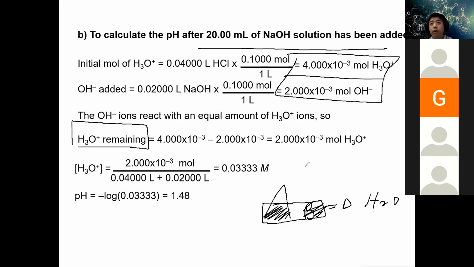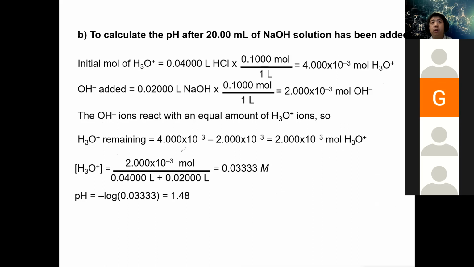What I have left over is some small remaining amount of acid. Does this make sense so far? Okay, with that said, we should have 2.0 times 10 to the negative 3 moles of H3O plus left over. I have no more of my base. I have less of my acid now, okay?